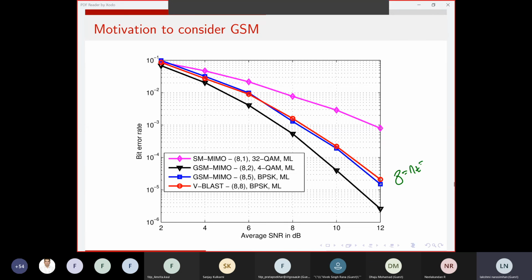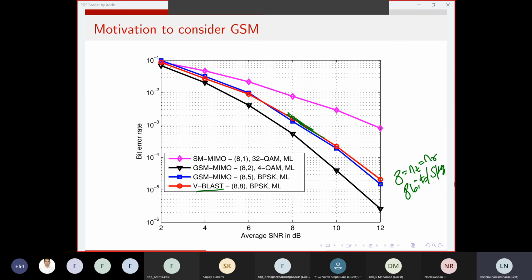If we use BPSK here, we get 8 bits per second per hertz. That's our spectral efficiency. This red curve here is the V-BLAST, the traditional spatial multiplexing scheme that is used in all MIMO systems.